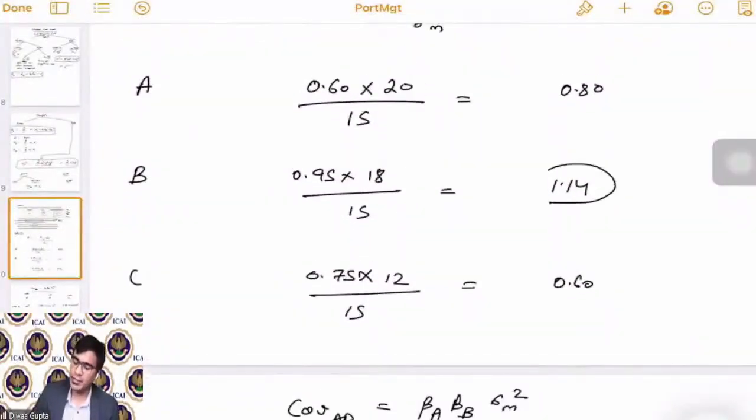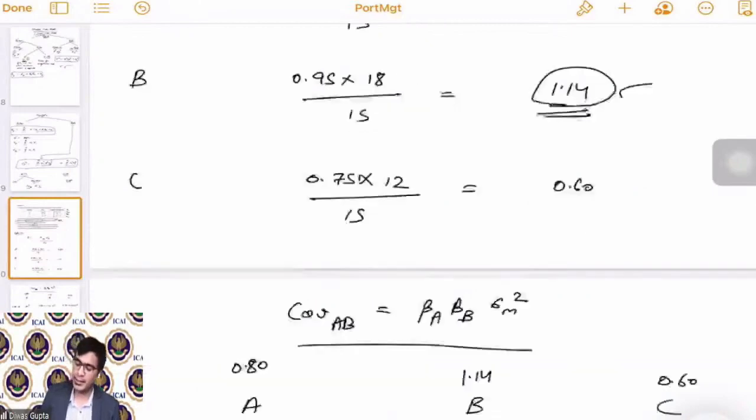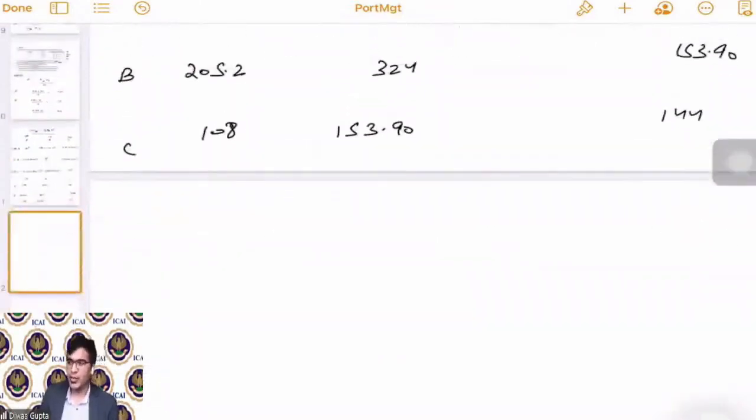B is the highest sensitive because the beta is 1.14. So these are interpretations you can draw out basis the concepts that we have studied. If the market goes by 1, B will move beyond 1, which is 1.14. If you still have anything specific, Jitendra, please do write it on the question handle.